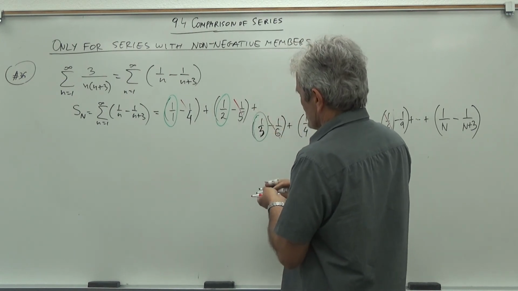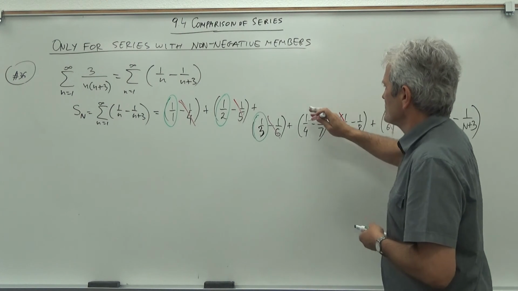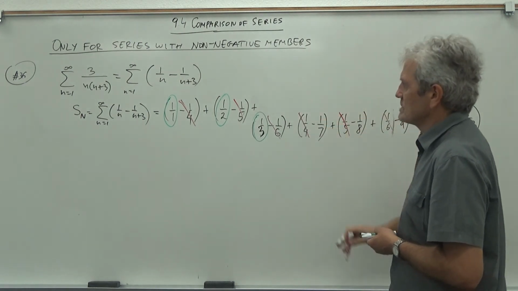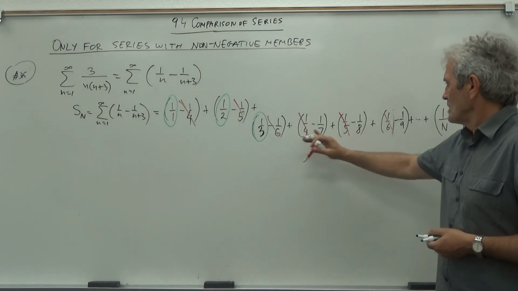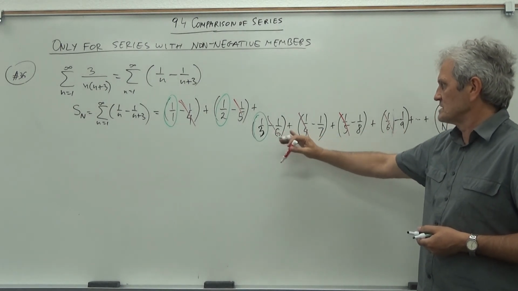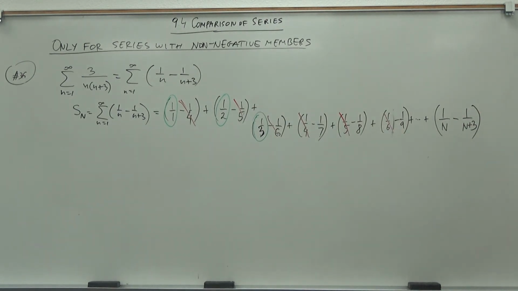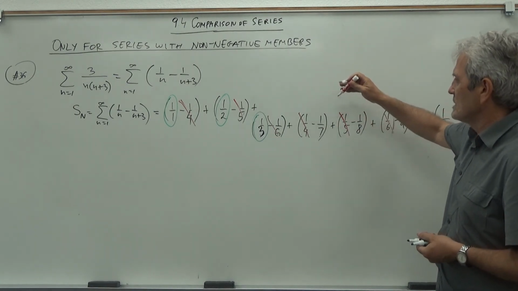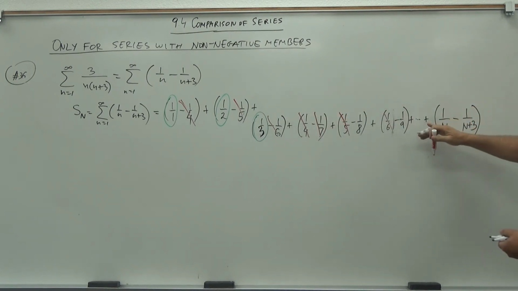And then 1/4 will be canceled, so 1/4 with 1/4, negative 1/5 with 1/5, negative 1/6 with 1/6. So whenever something appears as negative, 3 steps later it appears as positive, and each of them will be canceled. Negative 1 over 7 will be canceled by plus 1 over 7 somewhere here, and so on.